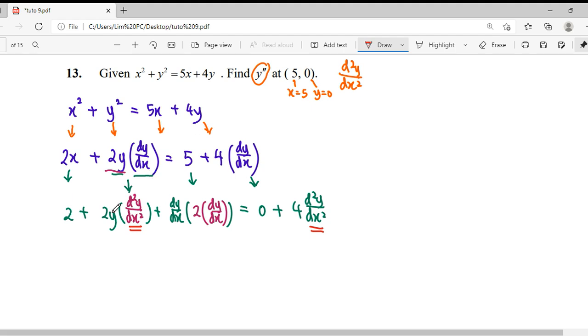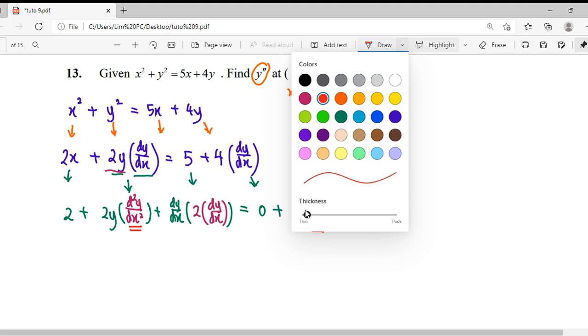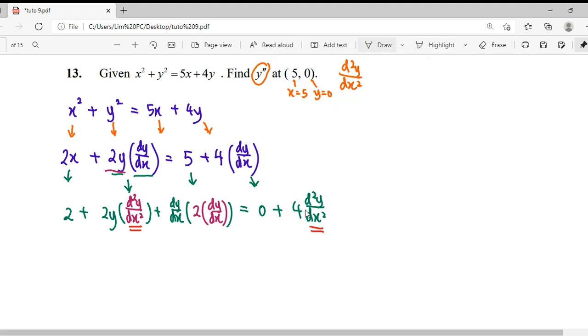Yes, we already have y from the coordinate here, y equals 0. Then we must have the value of dy dx. We have to obtain our dy dx value, then only can we substitute completely. So therefore we are going to find our dy dx value first, before we find our d2y dx squared value.